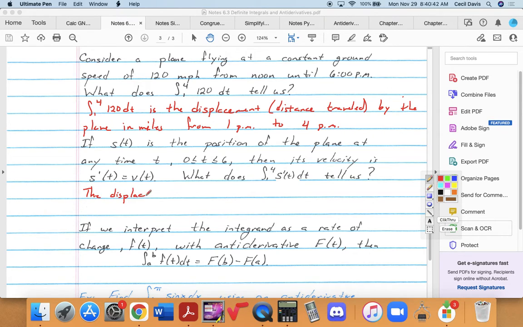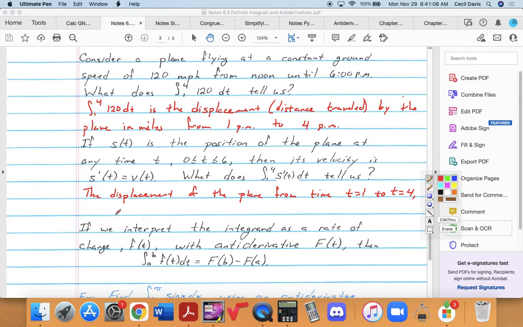What's this? That makes more sense. From time t equals 1 to t equals 4.